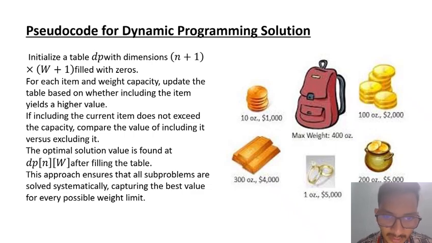If including the current item does not exceed the capacity, compare the value of including it versus excluding it. The optimal solution value is found at dp[n][W] after filling the table. The approach ensures that all subproblems are solved systematically, capturing the best value for every possible weight limit.